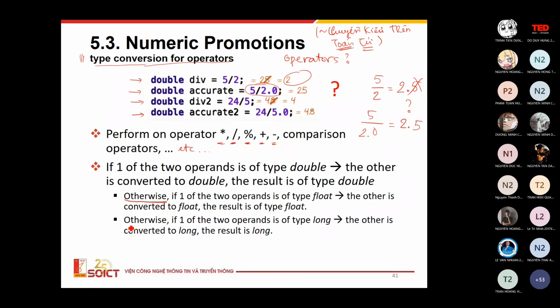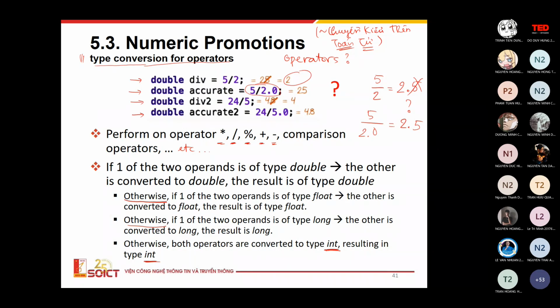Okay. Otherwise, if one of the two operands is of the type long, the other is converted to long, and the result will be long. And if both operands are not double or float or long, they will both be converted to int, and the result will be of the type int.